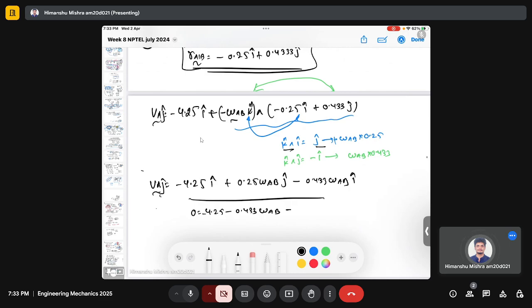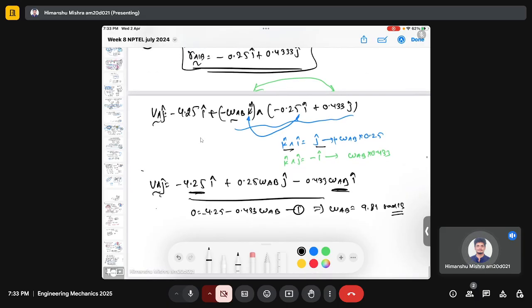This is my x component equation. For this is my x component, this is my x component. So when you solve this, you will have omega AB, which is 9.81 rad per second.